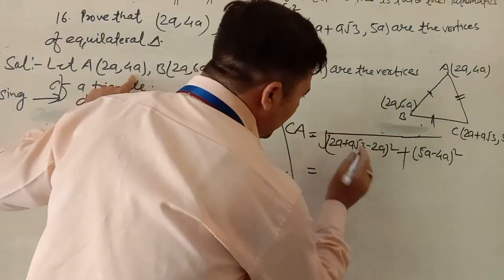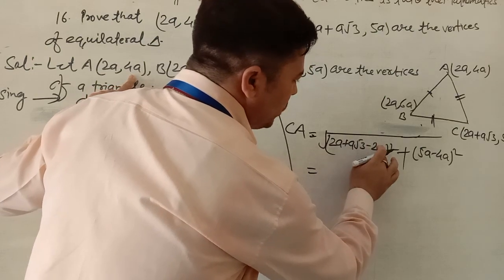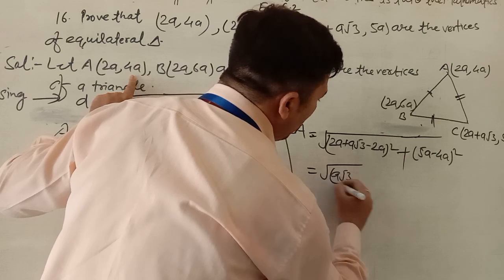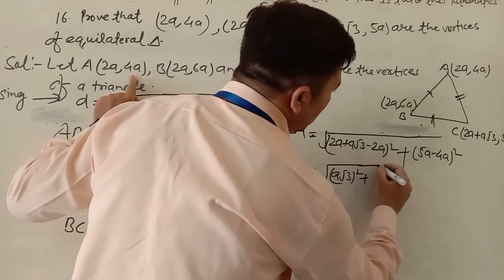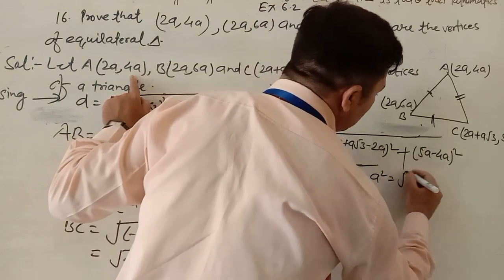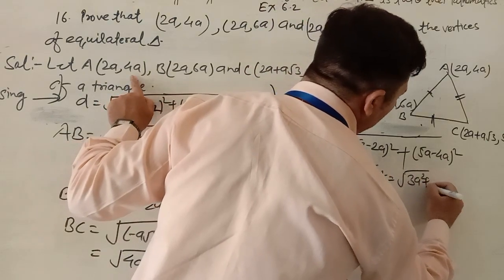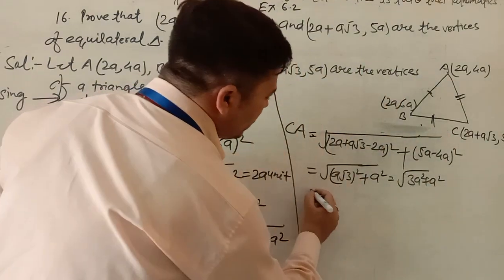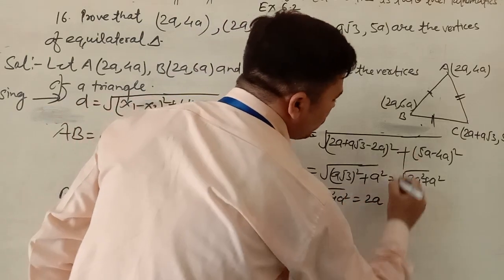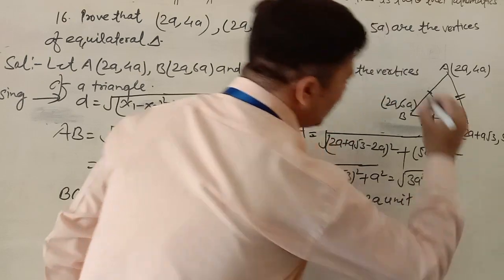Here, student, you will get 2a plus and 2a minus cancel out. This is (a√3) whole square plus (5a minus 4a), which gives you a square. This means 3a square plus a square gives you the square root of 4a square, which is also equal to 2a unit.